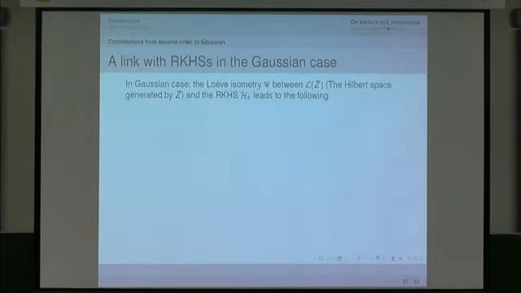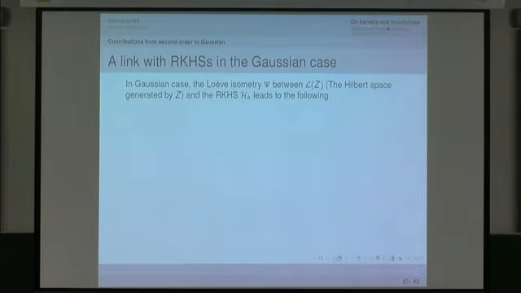So now, let's investigate some generalization, or maybe some more precise statement that we can make in the Gaussian case, because so far we have not assumed Gaussianity. But if it's Gaussian, then we know a lot more.